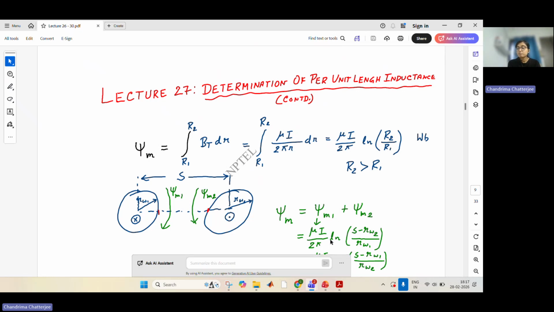So mu I by 2 pi ln. Suppose this is Rw1, this is Rw2, the radius of the conductors. So this is (S minus Rw2) by Rw1, and then again for the other conductor, this is (S minus Rw1) by Rw2.